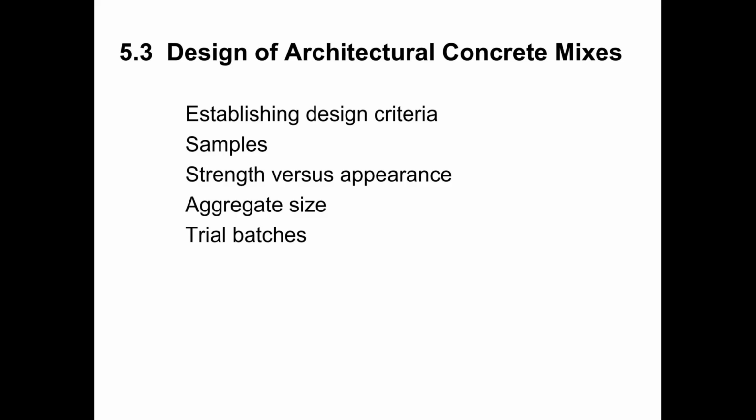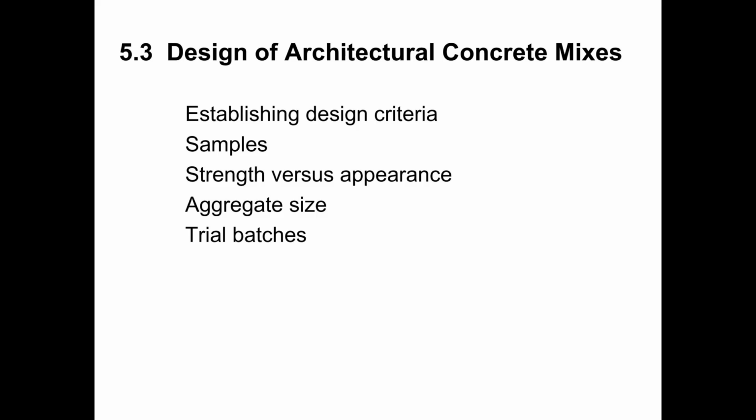That information may be referenced to another project that will give us an idea of what kind of color and texture the architect is interested in. There are also sample color and texture books that architects can refer to and that the plant can refer to, to see what the architect has envisioned for this particular project.